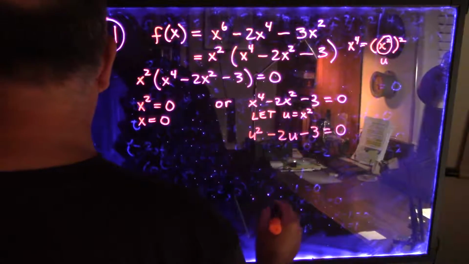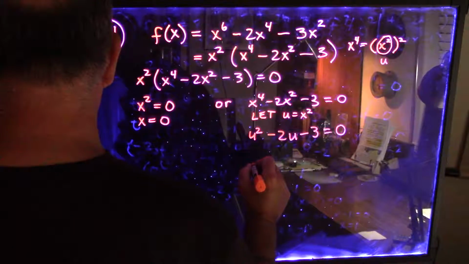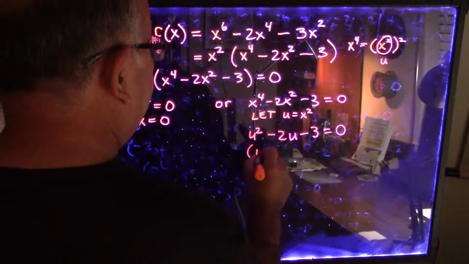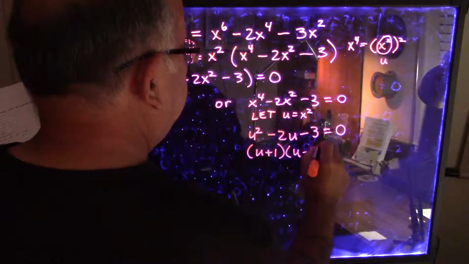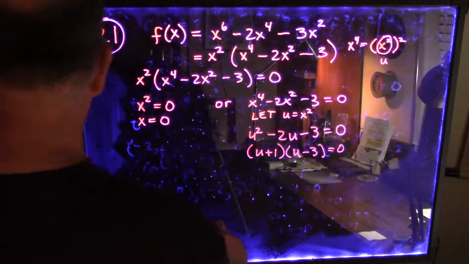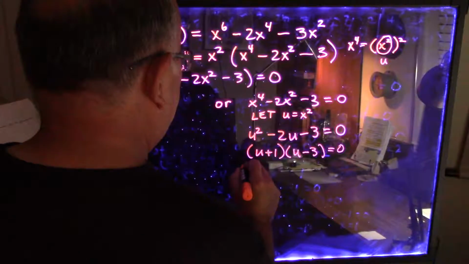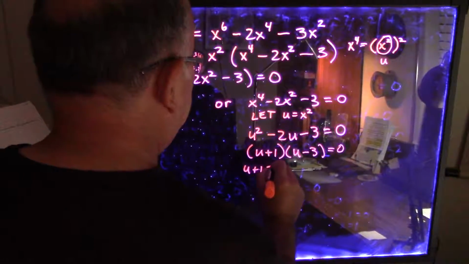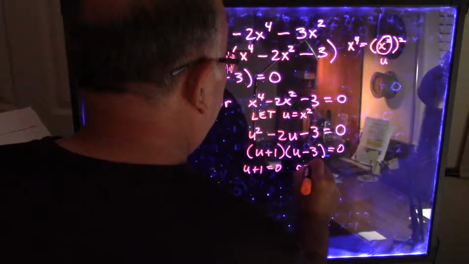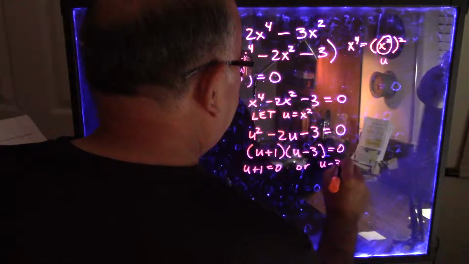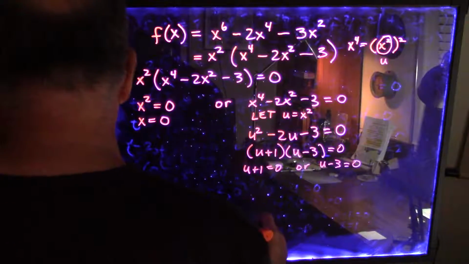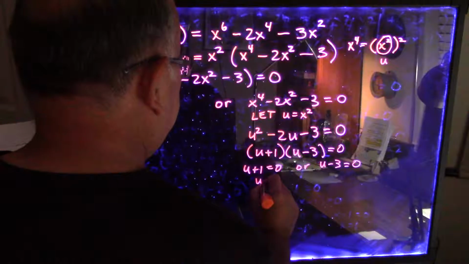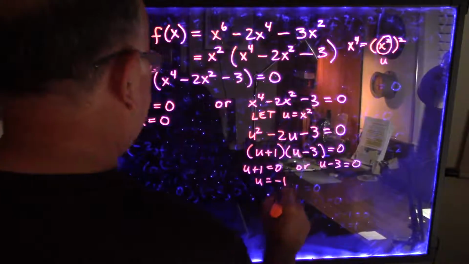So this can be factored. u plus 1 times u minus 3 equals 0. So that means u plus 1 equals 0, or u minus 3 equals 0. And so that means u equals -1 on this one.